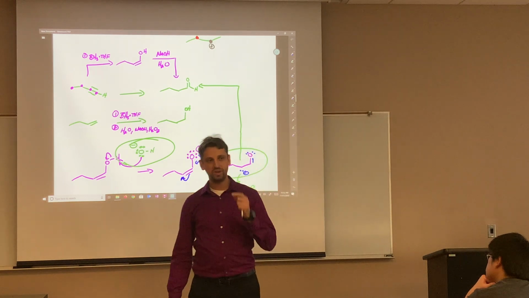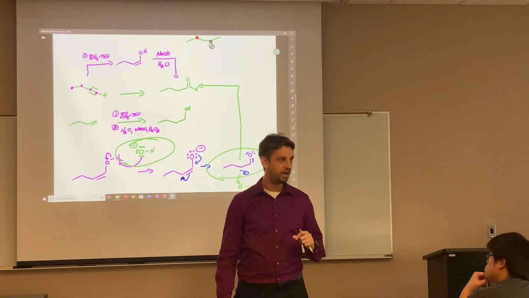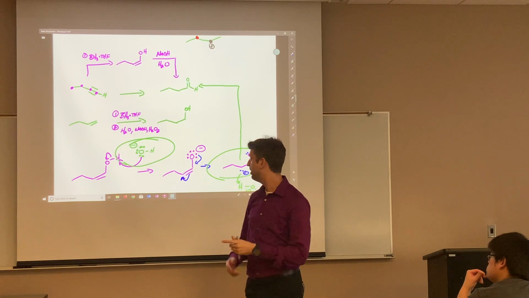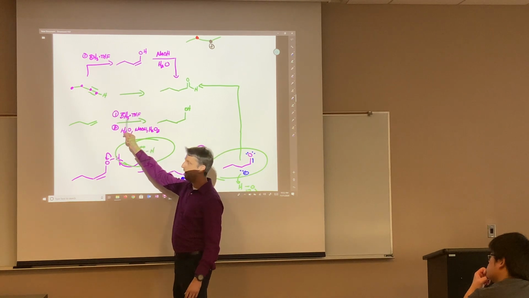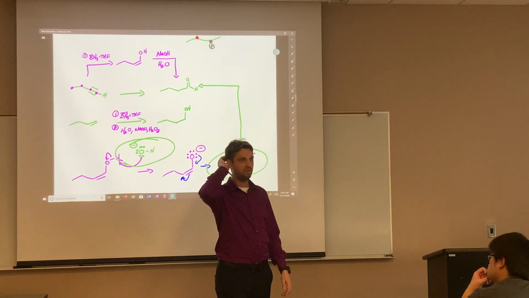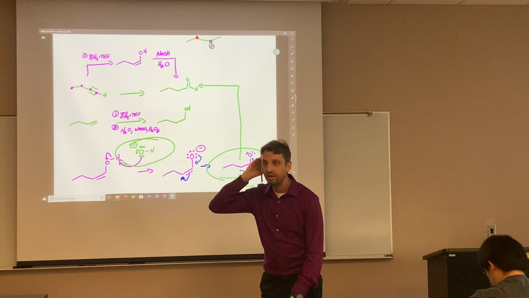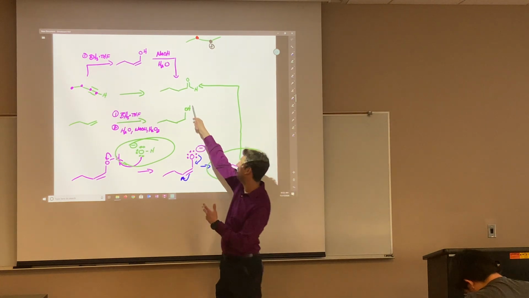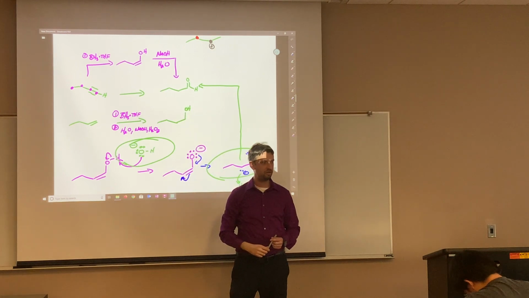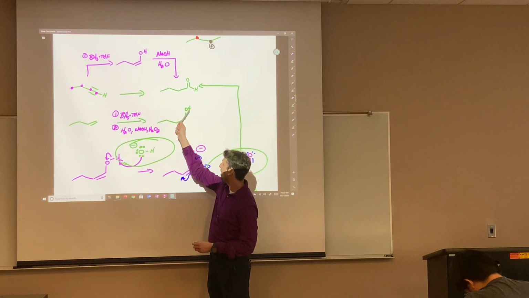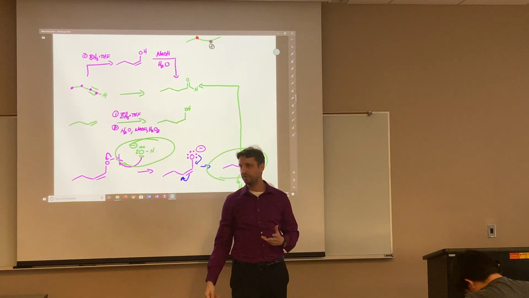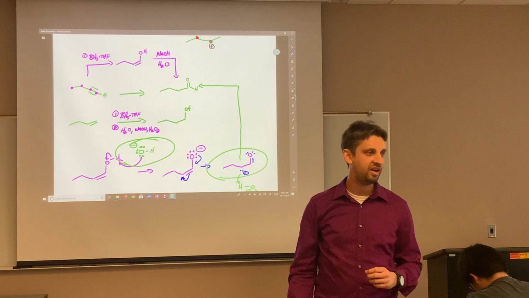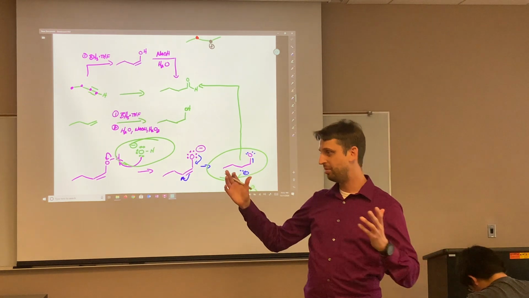What's the only way we can make an aldehyde, though? When you do hydration of an alkyne under our hydroboration oxidation conditions. Why? Because aldehydes can only be formed at the end of carbon chains. Got it? So we have to add the OH to the less substituted side. What's the only reaction we know how to add OH to the less substituted side? You guys with me on this?